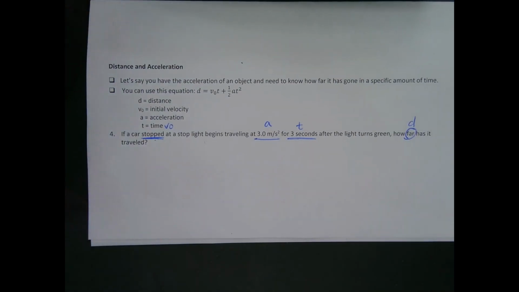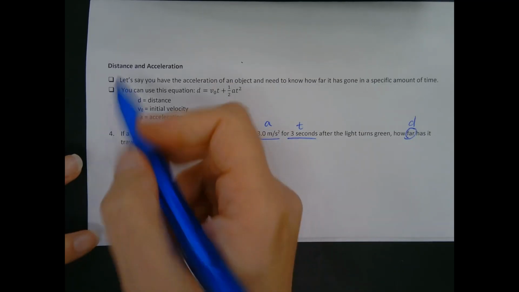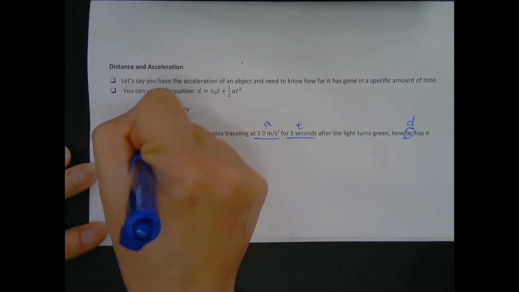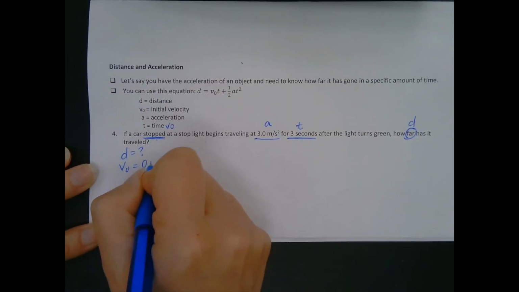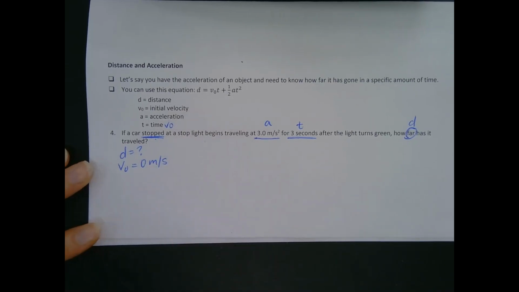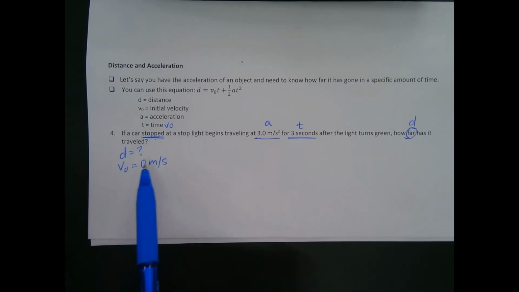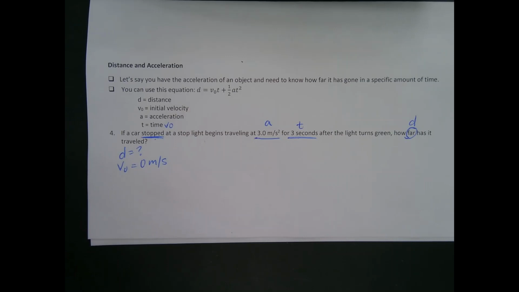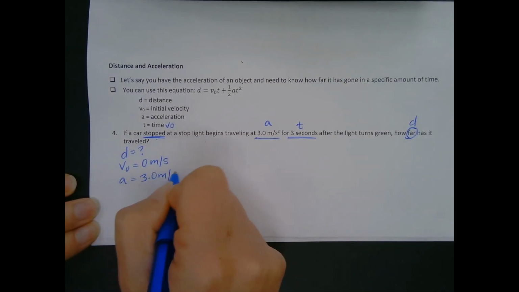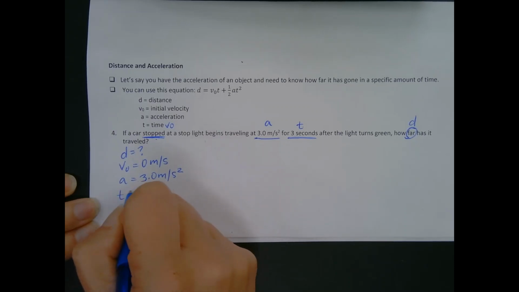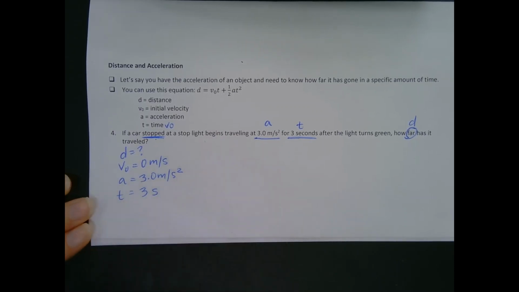So the hardest part about these questions is just figuring out what the units are. So let's go ahead and list them and see what we've got. Distance, I don't know. My initial velocity is 0 meters per second. If you're not sure what the units are, take a look at your acceleration, and then you're going to use similar units. So velocity is going to be meters per second. And my acceleration is 3 meters per second squared, with my time being 3 seconds.